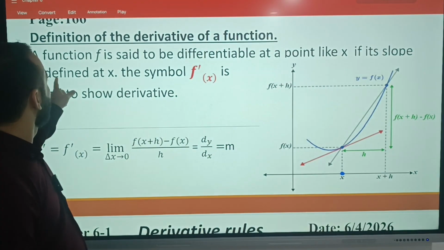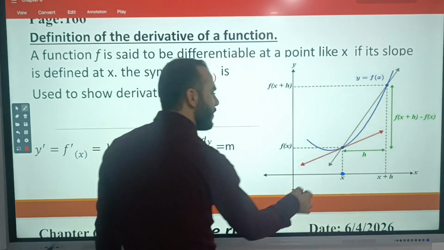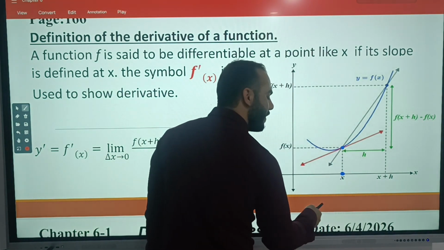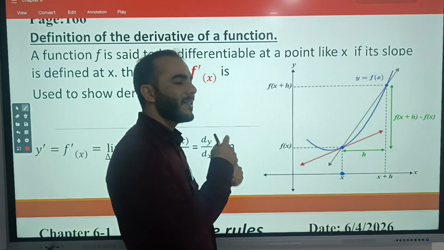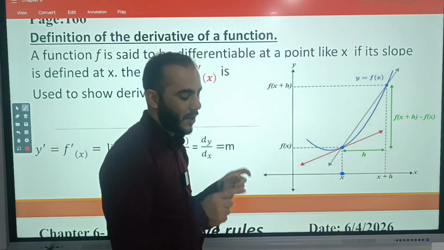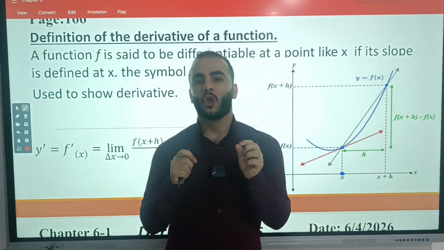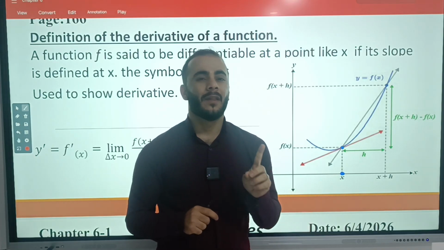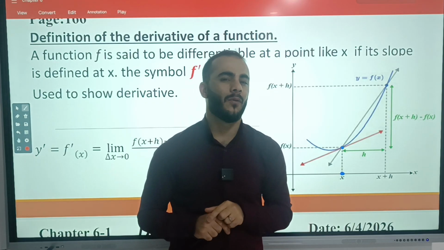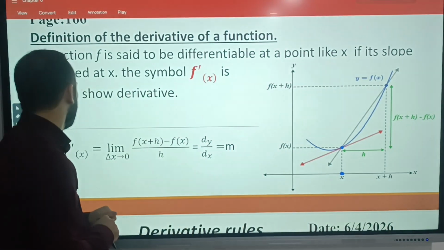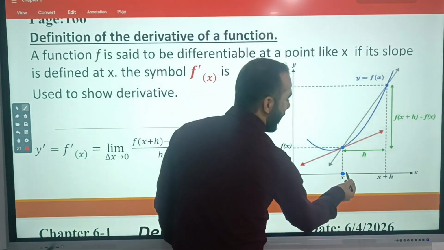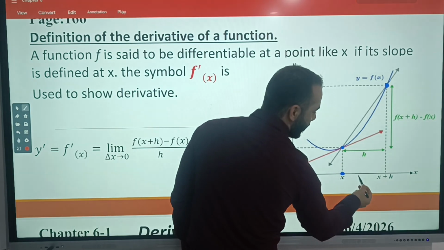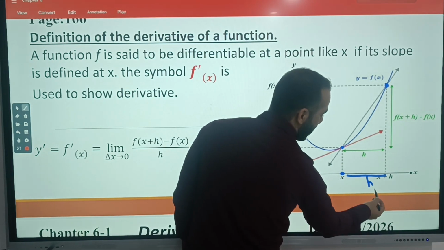Whenever the slope of f is defined at x, the derivative is going to exist at that point. Again, I'm going to repeat it: whenever the slope is defined at a point of a curve, then that curve has a derivative at that point too.